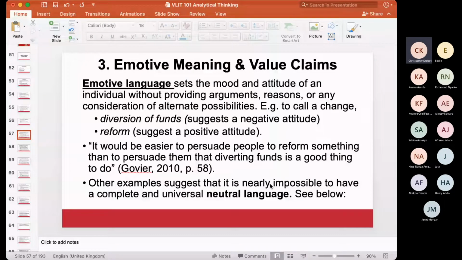So let's start by considering emotive meaning and value claims. Emotive language more or less sets our moods and attitude. When somebody tries to use emotive language, for example, you have a man approaching a lady and expressing interest in her.